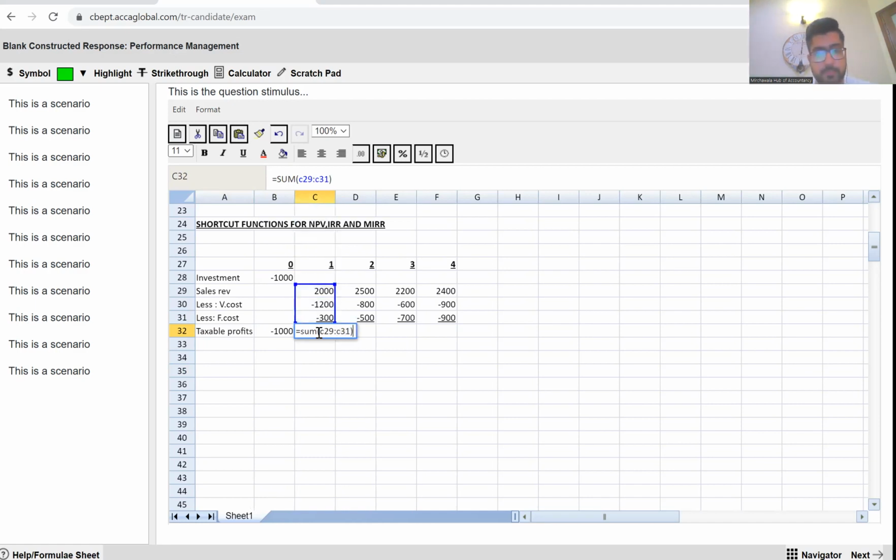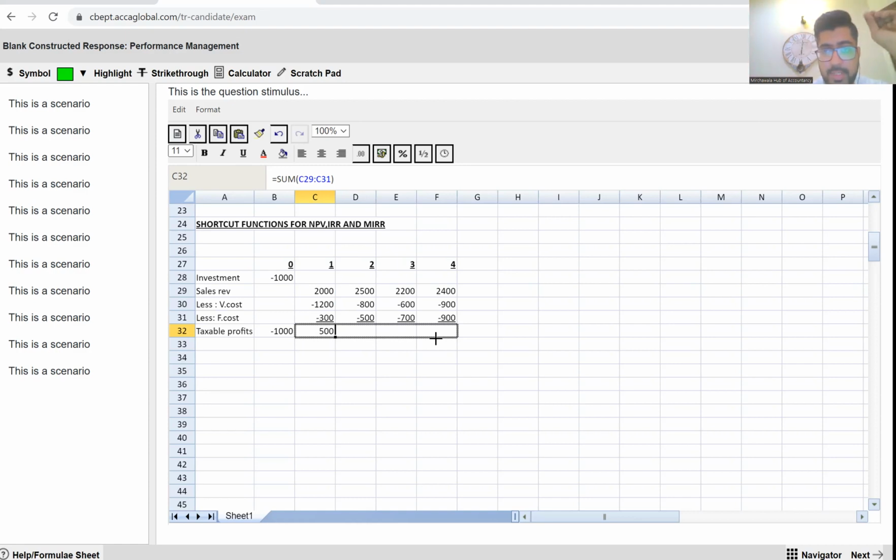This is taxable profit. Now, what you used to do in Excel, please pay attention, this is the difference here, is that once you get this, it's 2000 minus 1200 minus 300, sum of C29 to C31, profit. You put it here and you used to drag it for the other cells in Excel.